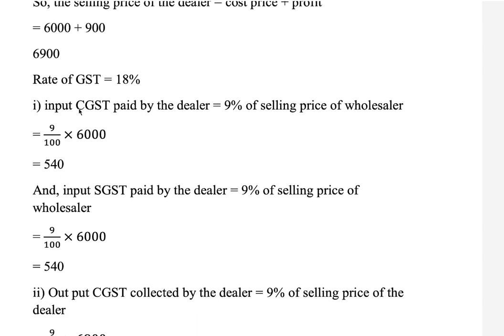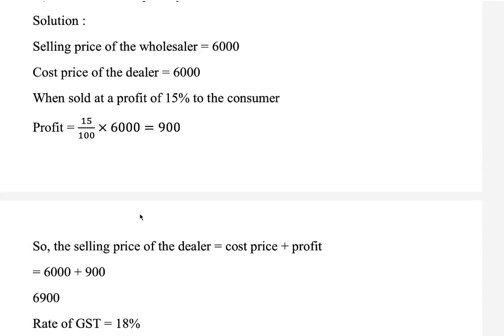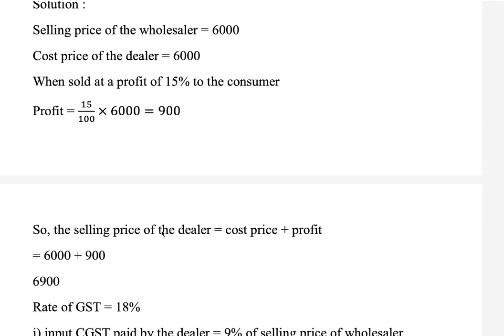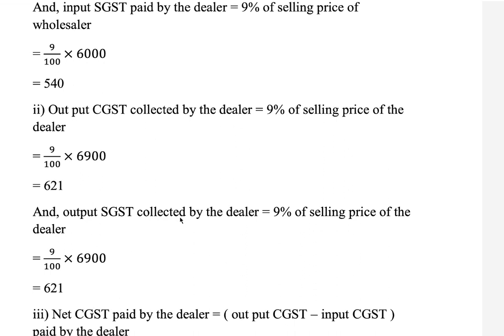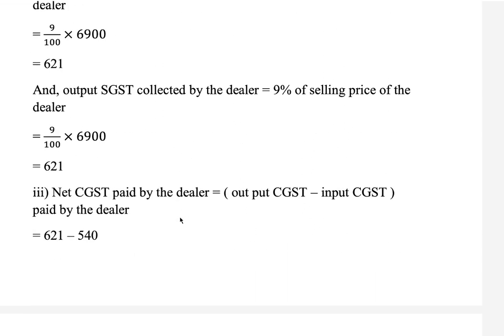So see, the input CGST and input SGST will be calculated on that purchase price. Okay, but output CGST and output SGST will be calculated on that price plus the profit margin. That comes to 6,900. So that is the difference between the input CGST and output CGST.